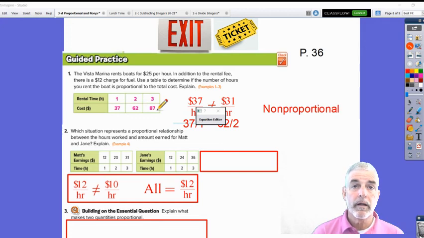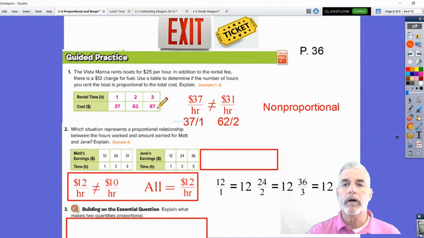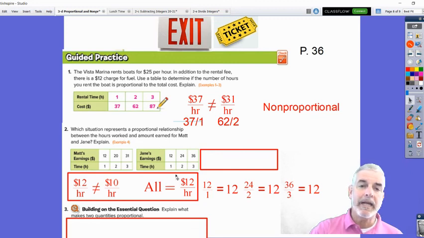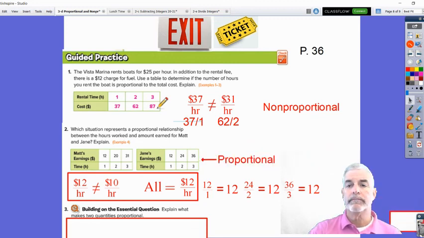This one also equals 12. And the last entry in the table there, $36 for 3 hours. And 36 divided by 3 is also 12. So they all come out to $12 per hour. Since they all come out to $12 per hour, the ratio is constant. That means that Jane is proportional.